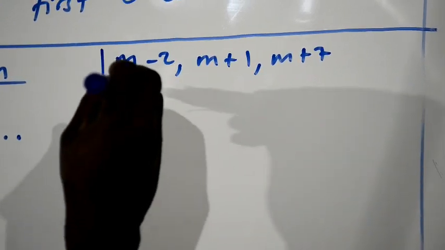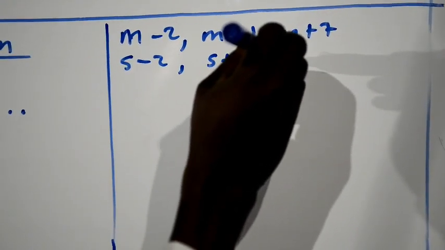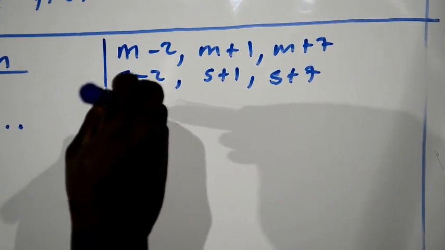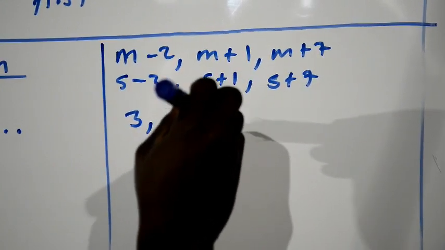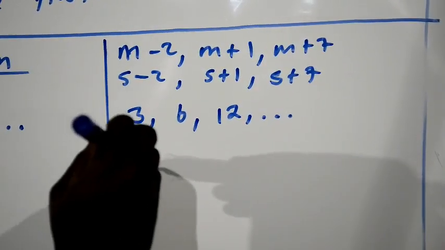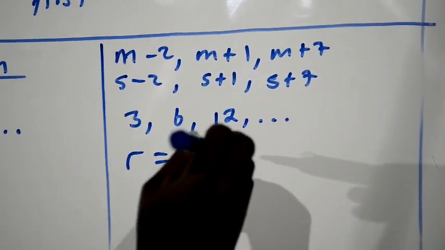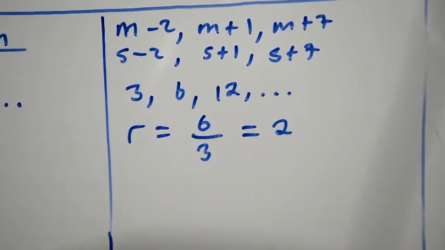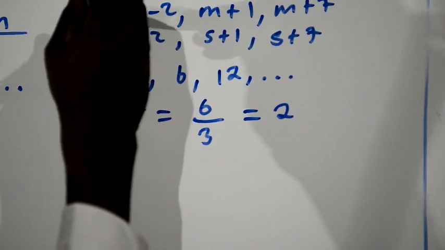Our m is 5, so this will be 5 minus 2, 5 plus 1, 5 plus 7. That is 3, 6, and 12. So these are the first three terms. Common ratio is equal to second term divided by first term, which will be 3 into 6, that is 2. Then the common ratio is 2. So that is how we get the common ratio.